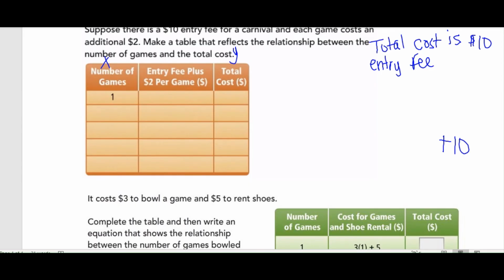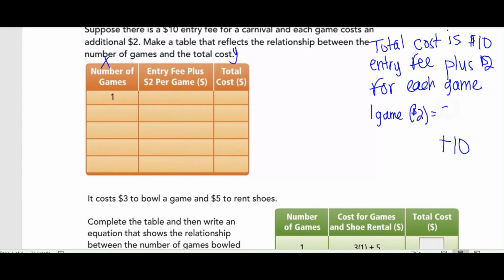So we have to add $10 to the final cost. And then plus $2 for each game. What does that mean? If you play 1 game, you're going to multiply that by $2. You're going to spend $2.